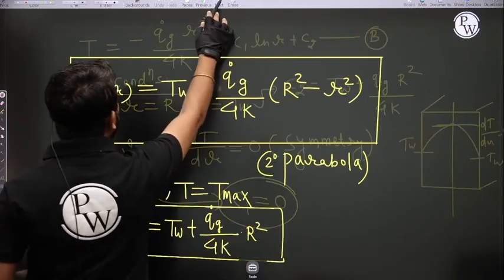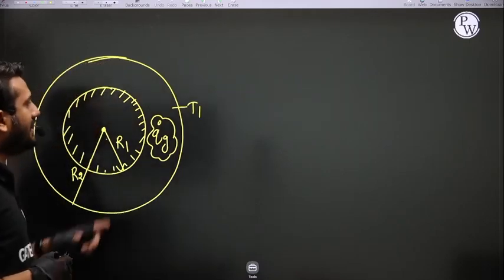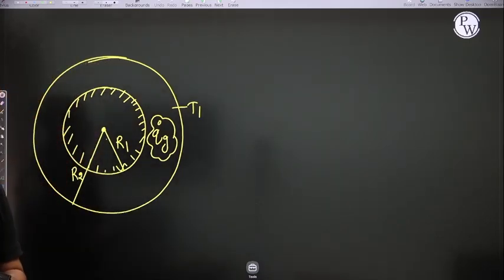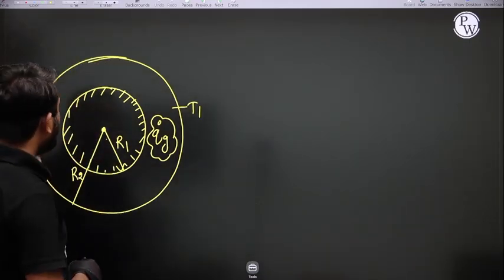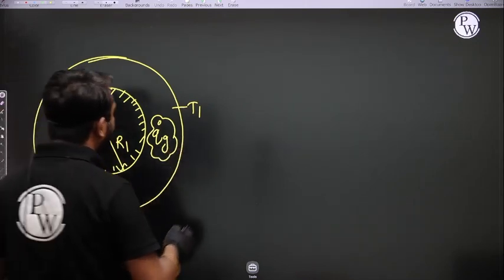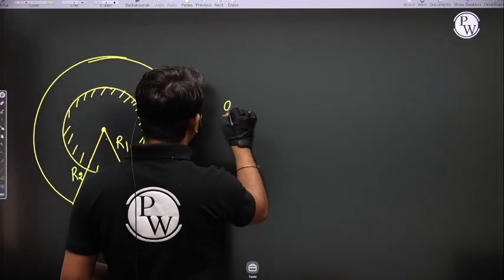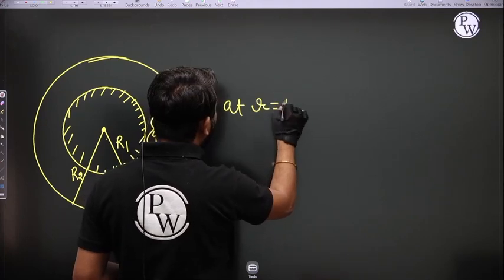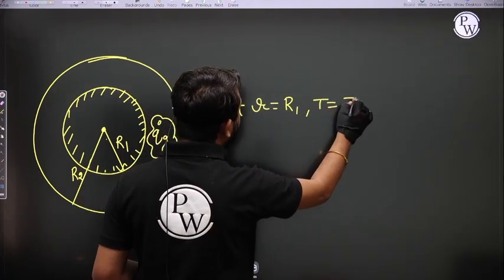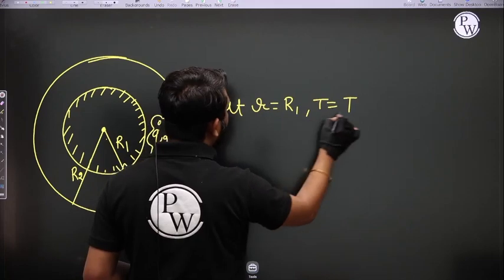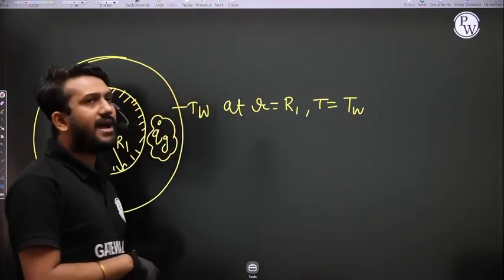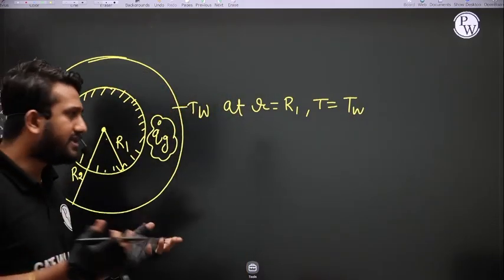So in the case of the hollow cylinder with uniform internal heat generation, what is the boundary condition? It is clear that at r equal to R1, T is equal to T1, or I can say TW. At r equal to R1, T is equal to TW. And what is the second boundary condition?